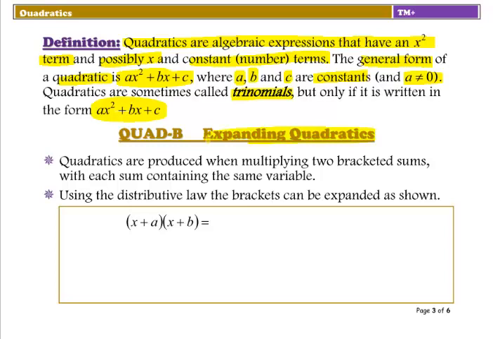Now, when expanding, quadratics are produced when multiplying two bracketed sums, with each sum containing the same variable. So using the distributive law, brackets can be expanded as shown. So if I have x plus a all multiplied by x plus b, this bracket here must be multiplied by the x and then by the a.